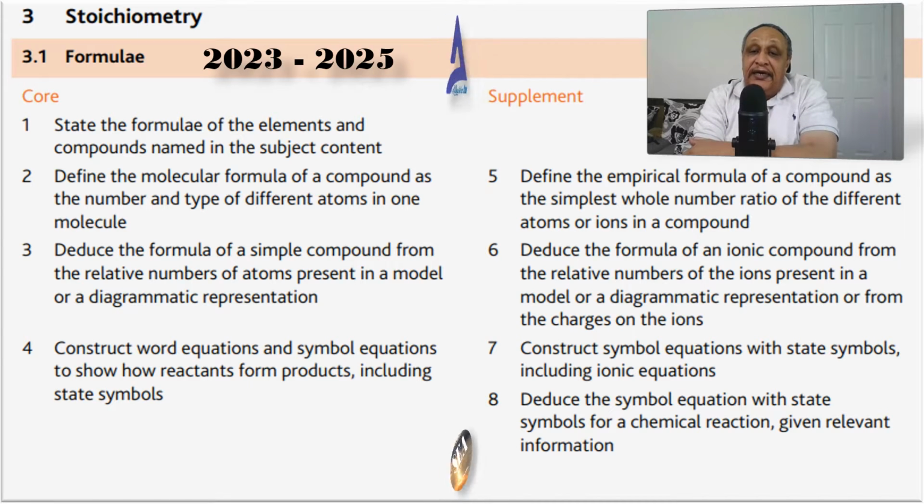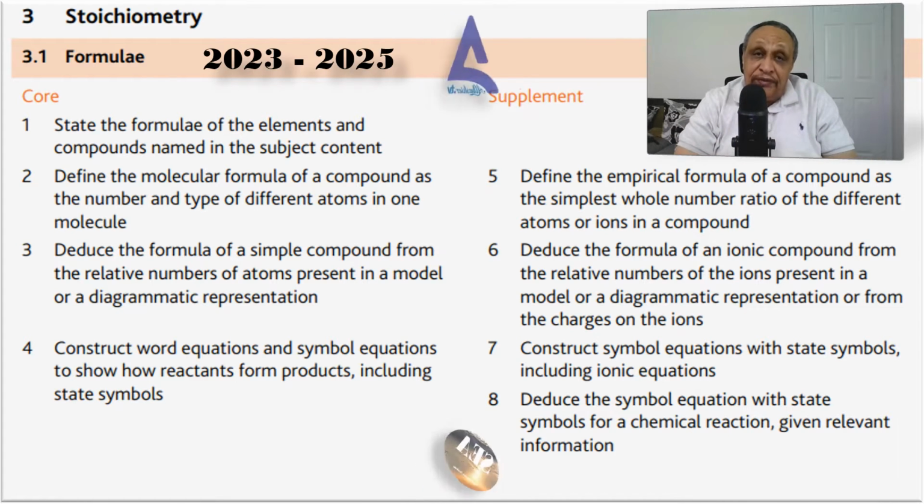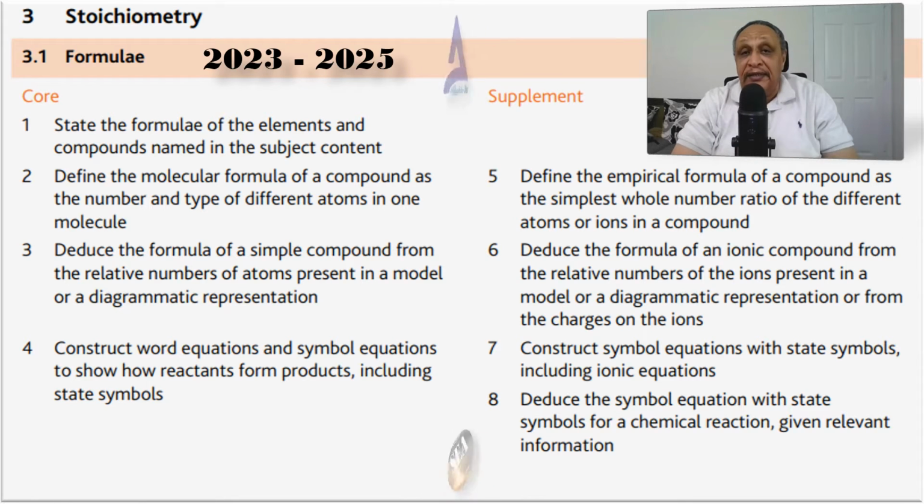Deduce the formula of an ionic compound from the relative numbers of the ions present in a model or a diagrammatic representation, or from the charges on the ions, and also construct simple equations. So all these things are going to be added to your notes, and we will follow them one by one to complete chapter 4.